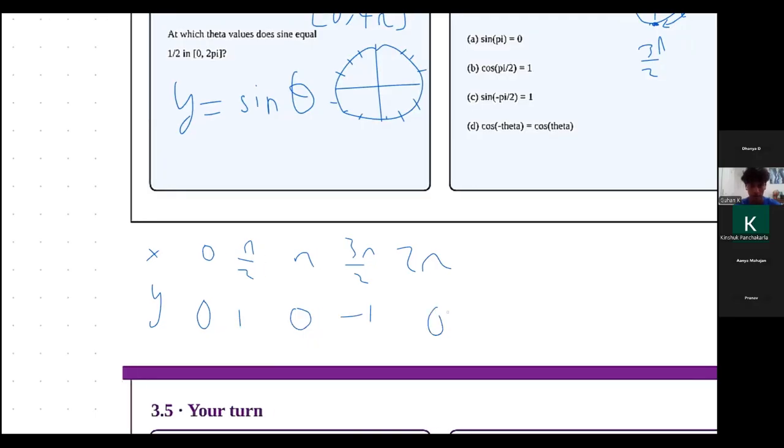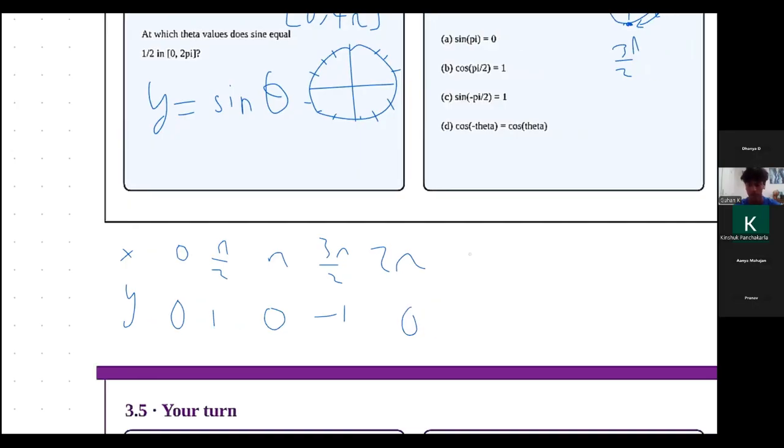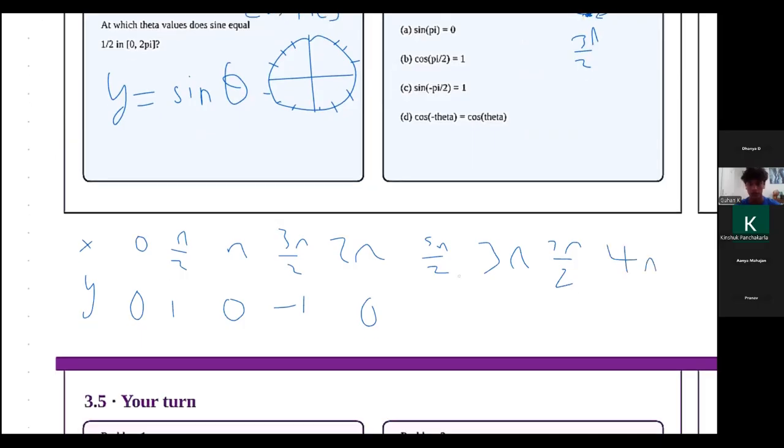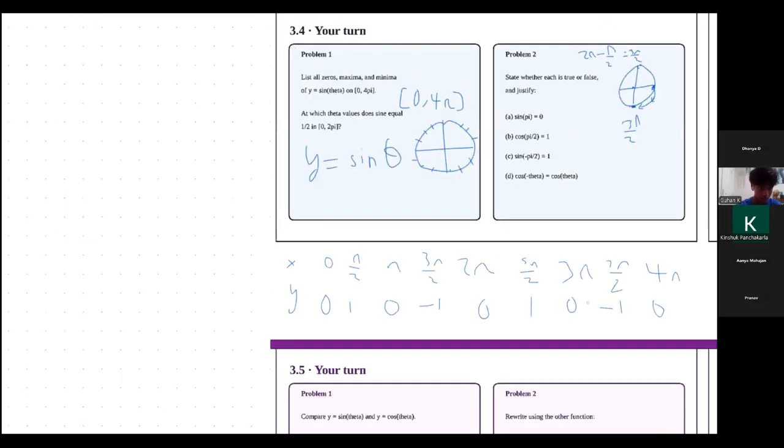So let's go 5 pi over 2, 3 pi, and then 7 pi over 2, and 4 pi, which these would go 1, 0, -1, 0. Okay, so looking at this, we have all our points. So let's just graph them now. 4 pi, 2 pi, pi, 3 pi.